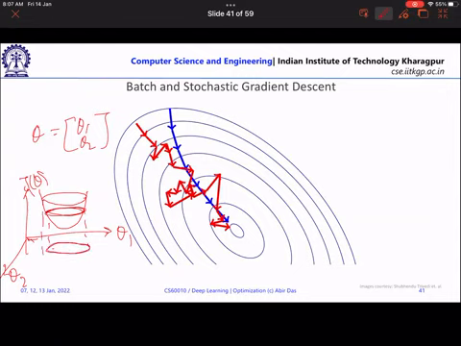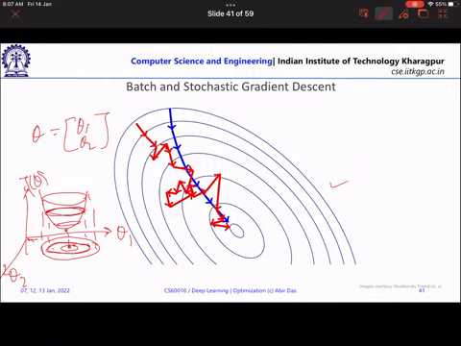Similarly, if you project this, it is something like this, and the minimum will come somewhere here. So these are the contour plots, which is what you get when the surface is projected onto the theta 1, theta 2 plane. That is only what is shown here, not the actual 3D plot of J theta.